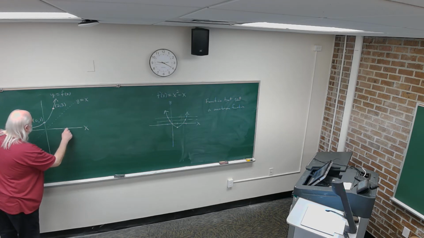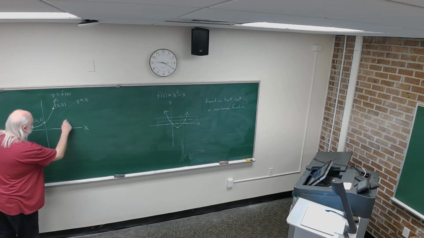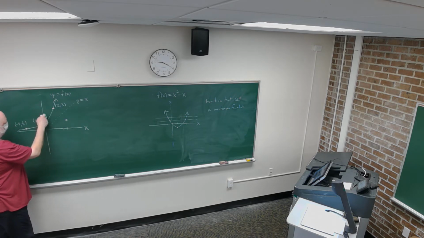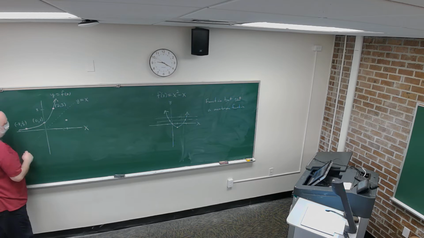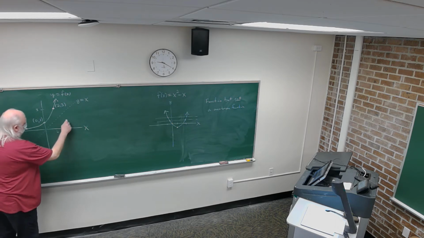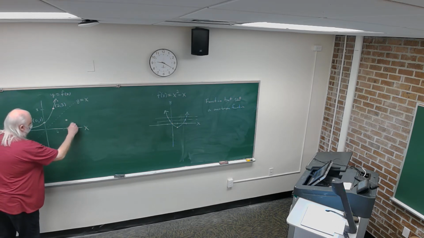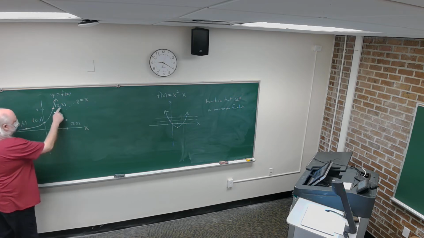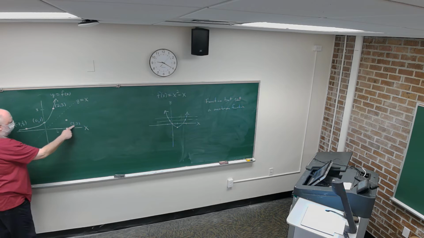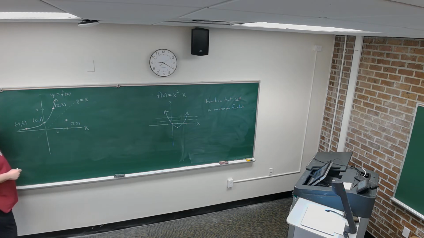Try to get this halfway to scale. Here's the point (2, 3). Here's 3 on the y-axis, roughly 2 on the x-axis. So here's the point (3, 2). So if the point (2, 3) is on the one-to-one function, the point (3, 2) is on the inverse function.